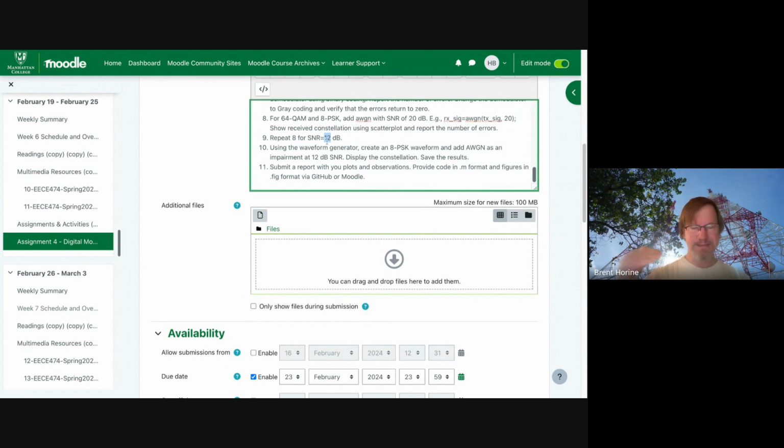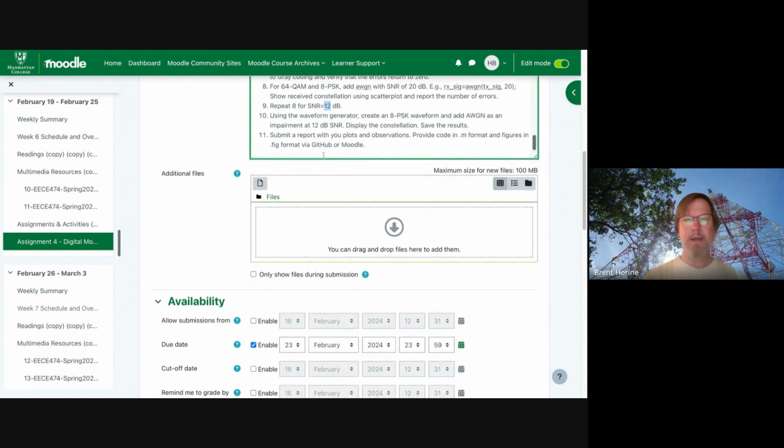When the signal to noise ratio is lower, meaning there's lower signal power or higher noise power, you're going to see that 64 QAM is really hard to achieve good communication with. Then you're going to generate lots of plots, but hopefully we can still get all those submitted via Moodle.